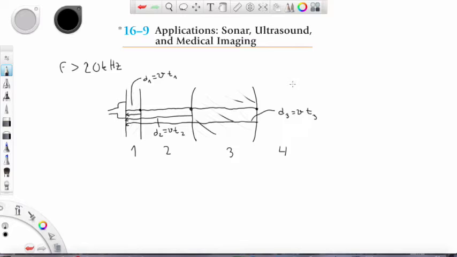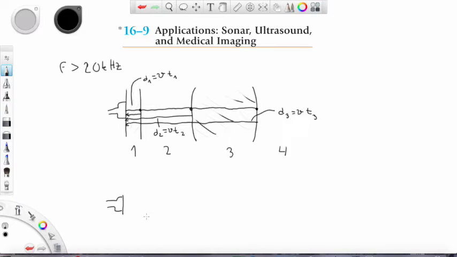Now that we have the distance data of these reflections, we can in fact reconstruct the image. So we have our scope here, and the skin would be here.